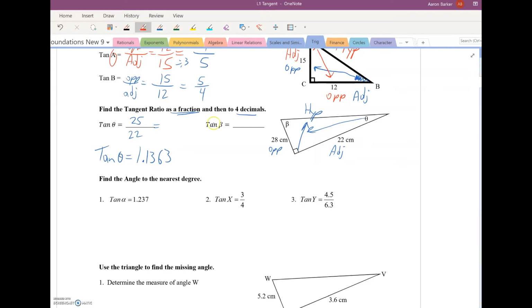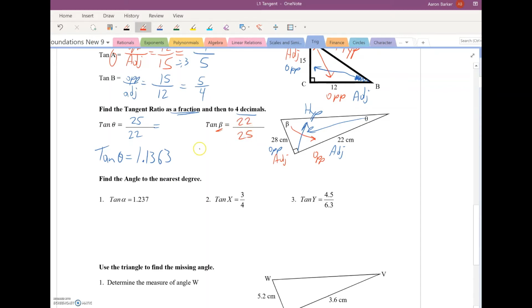Now, tan beta is a new angle, so it's a new HOA. Label your HOA for tan beta. So this is your opposite for tan beta. That's the opposite side, and that's the adjacent side. They switch. So now your fraction is flipped, 22 over 25. And don't be lazy. It's not going to be anywhere close to the same decimal.